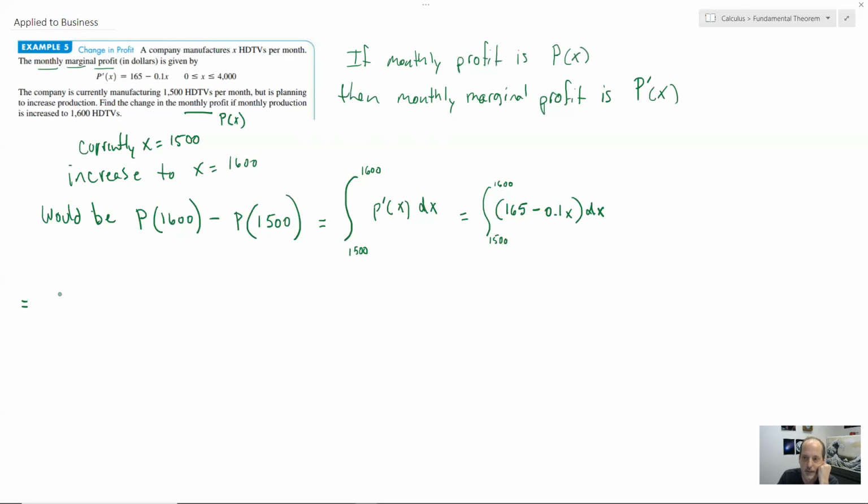So that would be 165x minus 0.1x squared over 2, running from 1500 to 1600.